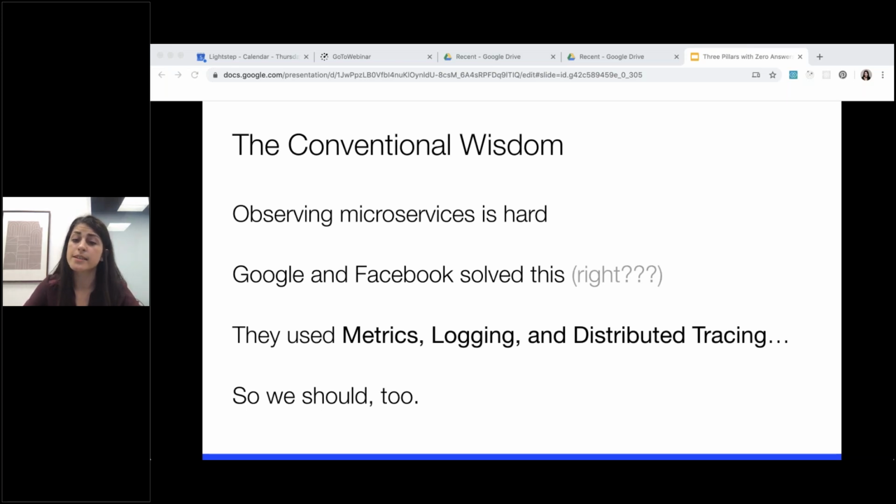Specifically, Google is processing 5 billion RPCs per second, and if you're going to build an observability system that handles 5 billion RPCs per second, there's going to be this natural tension between scale and feature set, and naturally you're going to have to give up a lot of features to accommodate for that sort of scale. The solutions outside of the Facebooks and the Googles are oftentimes a lot more powerful in terms of the feature set because we don't have to worry about scaling to 5 billion RPCs per second.